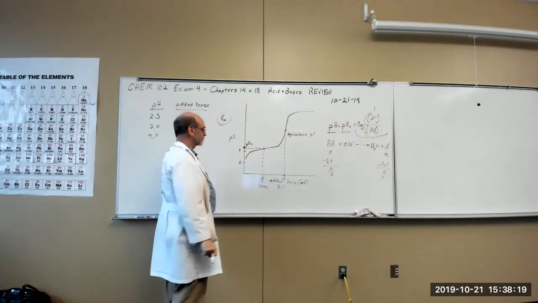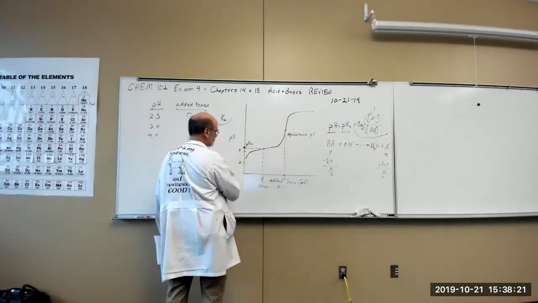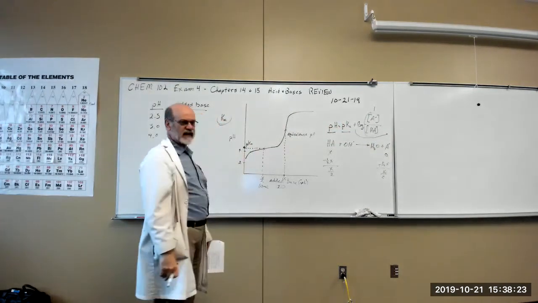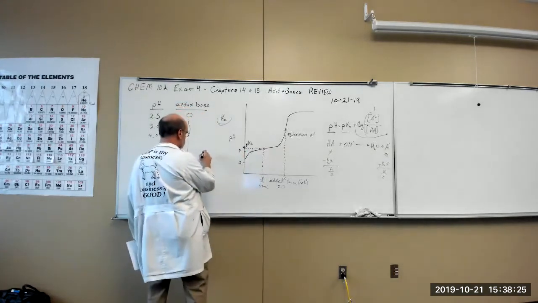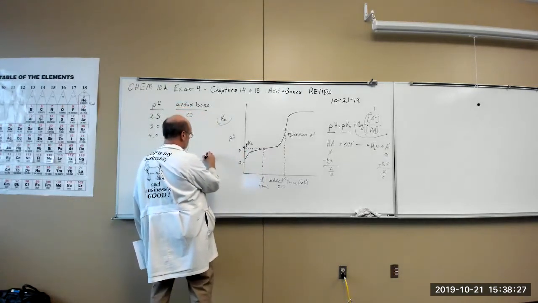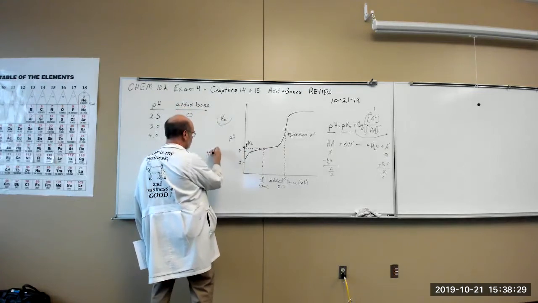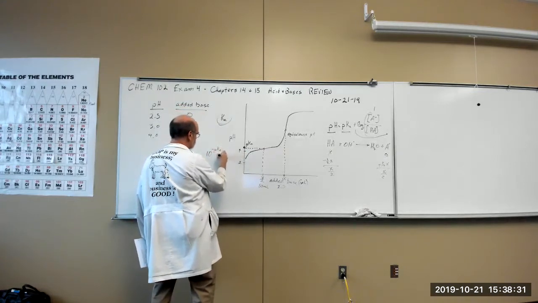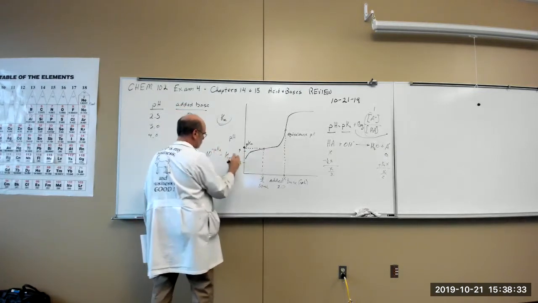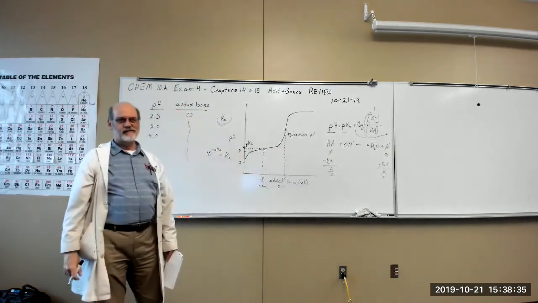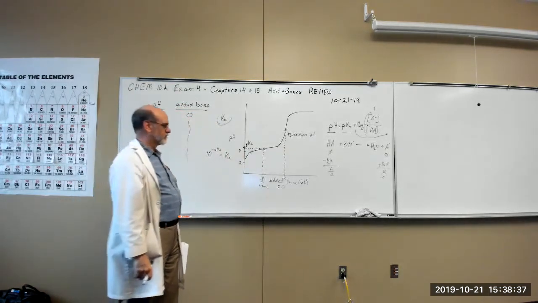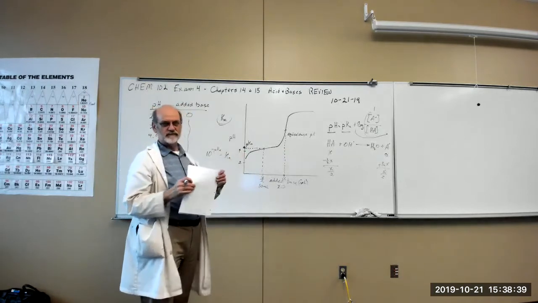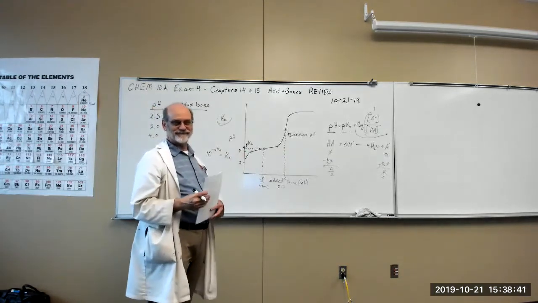Okay? And then all you have to do is take the anti-log of the negative. So you say 10 to the negative pKa is equal to your Ka. Okay? That's it. Simple. Real simple.